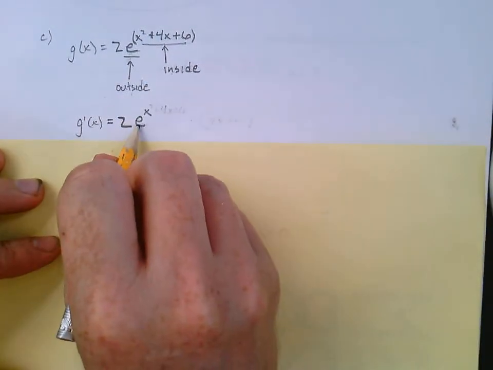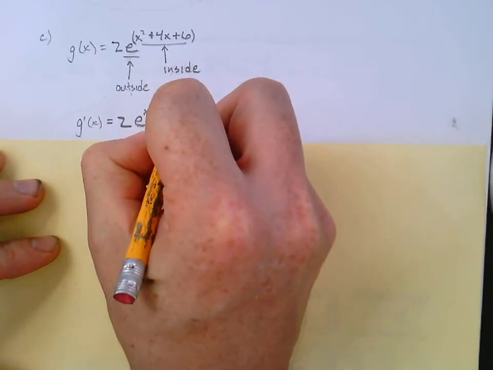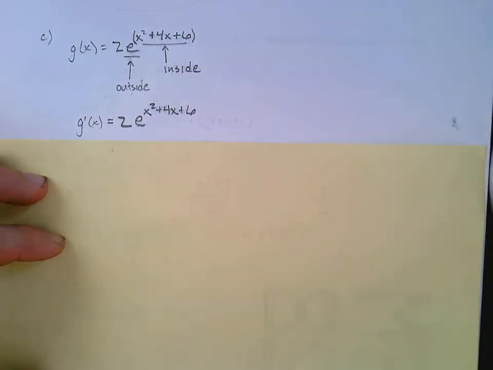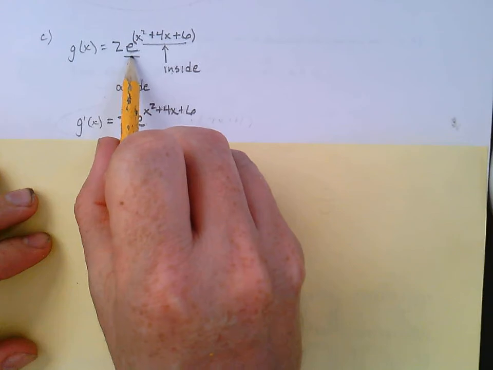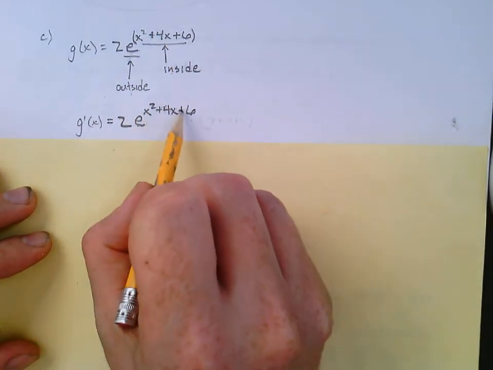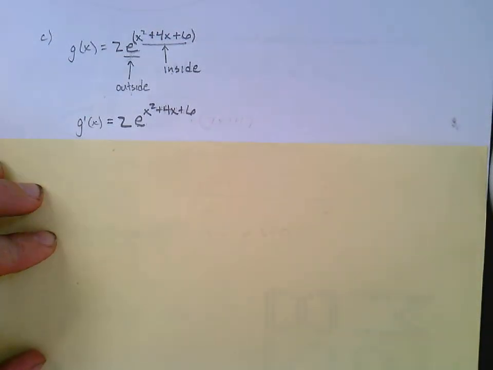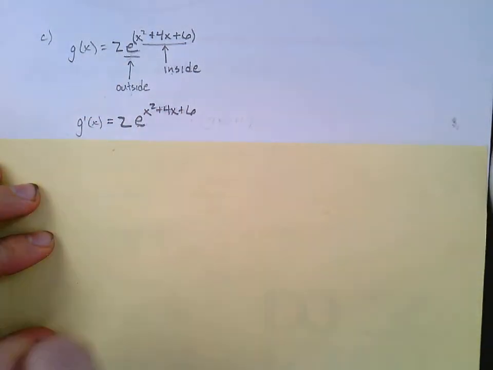So there's the f prime, and then inside of it is still the original g of x, still the original inside. And what ends up happening is the derivative of this e raised to the x squared plus 4x plus 6, the derivative of that is the same thing it was to start with. And well, that's how we typically think of e working, right? The derivative of e is itself. So it's itself, and we even copy this part as well.